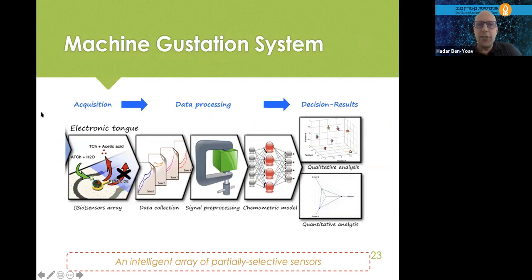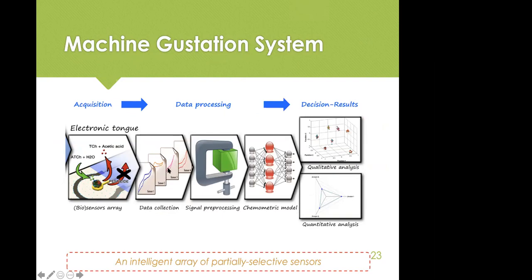And we take the machine gustation system and look at how it works, and I will give more examples, and you will forgive me because I come from the area of solution detection. I will give examples of how this kind of tongue approach works, and we call it the electronic tongue. The idea is that we have an array of multiple sensors, each of which generates different signals, and here it looks like an electrochemistry signal.